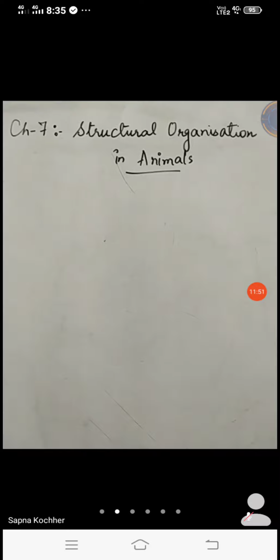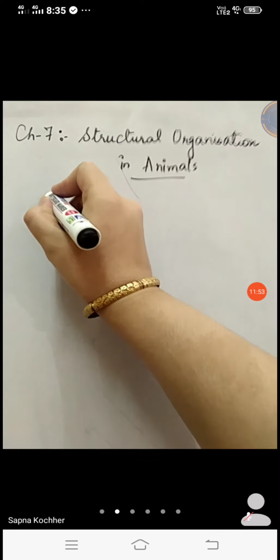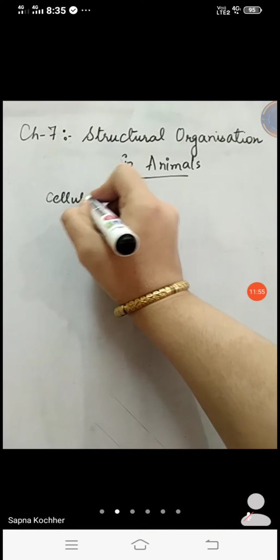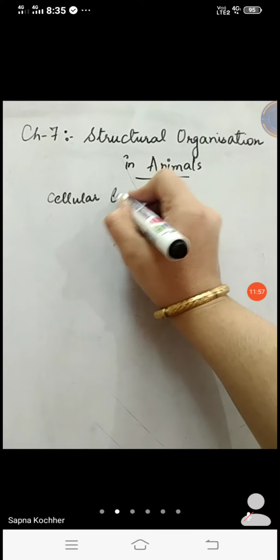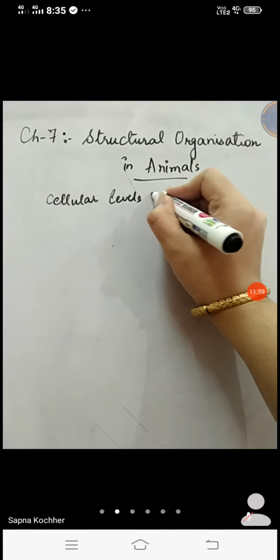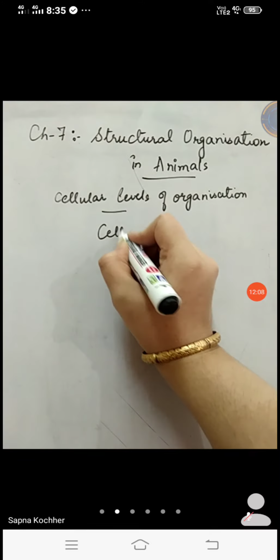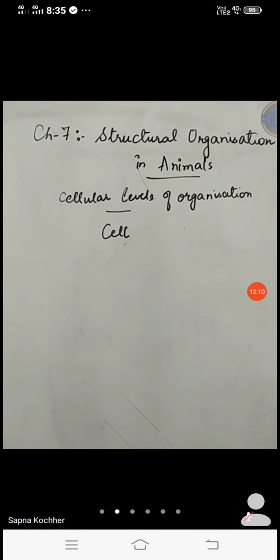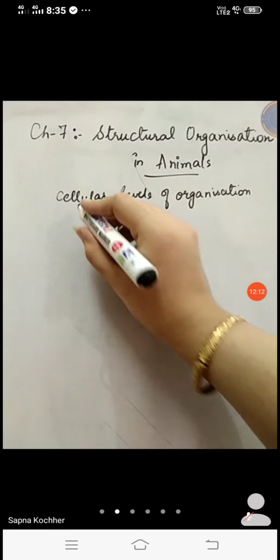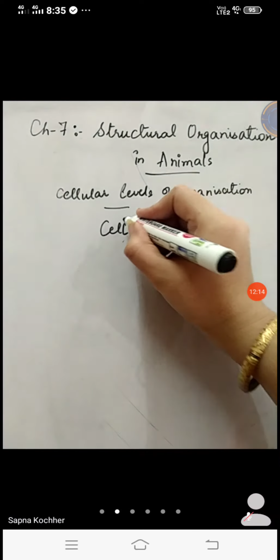So what are the cellular levels of organization? Starting from the very first, that is a cell. There is a single unit which is called a cell. These are the cellular levels of organization, starting from the cell.